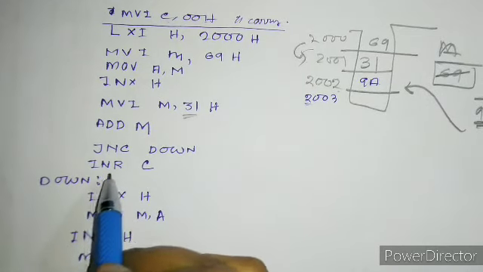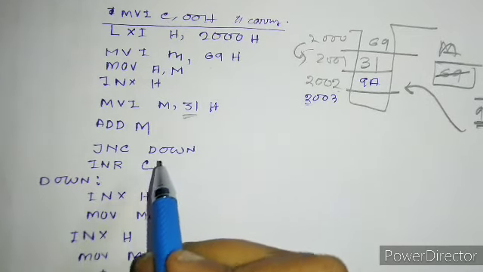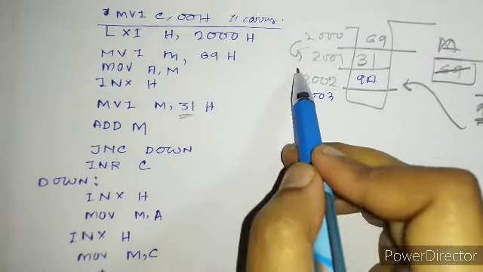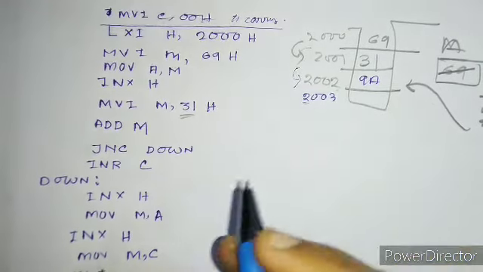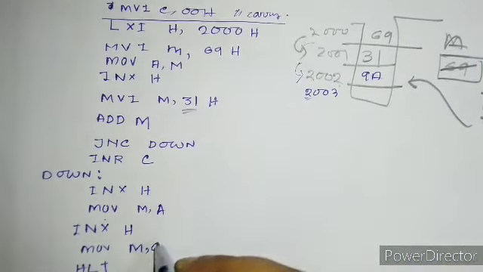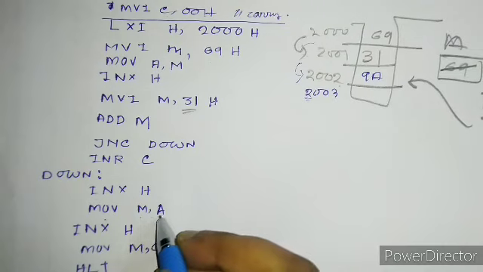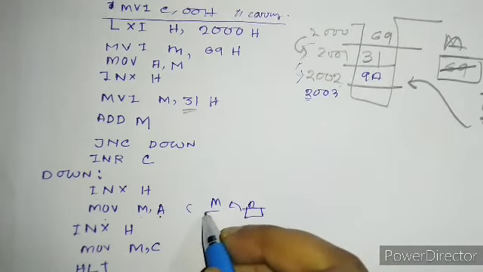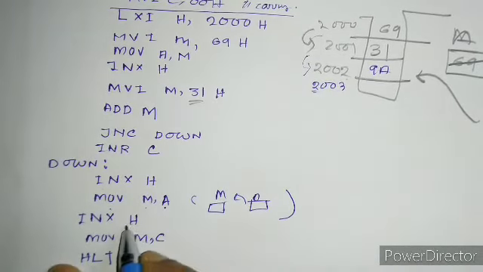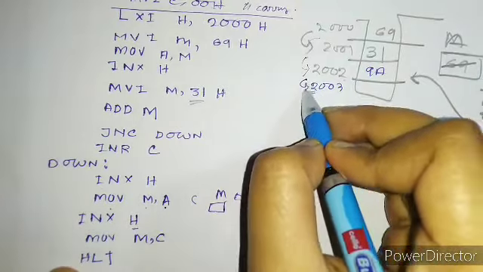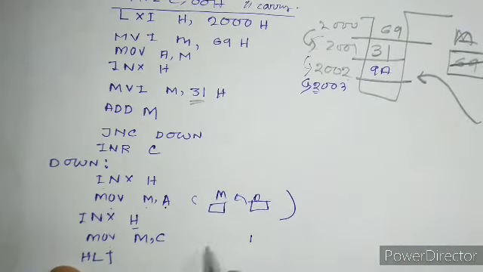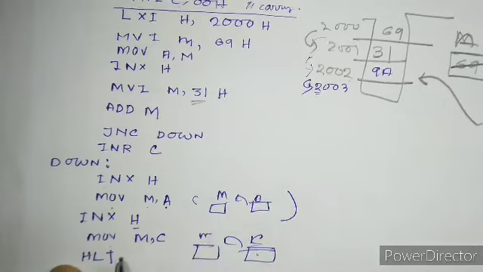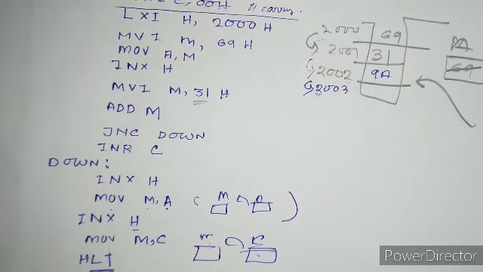Jump if not carry, go to down. If carry occurs, then I increment the C register. Then come to this address and INX H, come to 2002. Store with MOV M, A, so the value of A will now come to M. And INX H, again come to this address, MOV M, C. Now the value of C will come to M, and then the program ends.